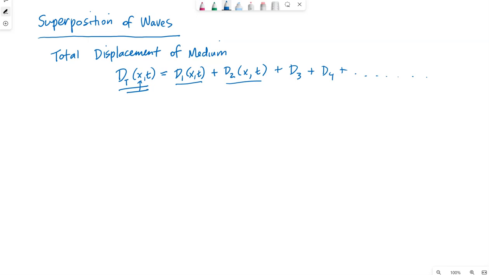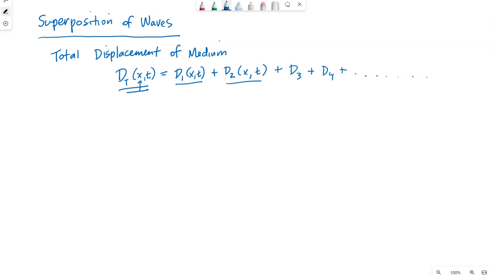Whatever displacement they would be causing in the medium at that location and at that time would determine the overall resulting displacement of the medium. And that's what we're talking about when we're talking about superposition of waves. What does the overall wave look like if there's multiple waves in that place at the same time?